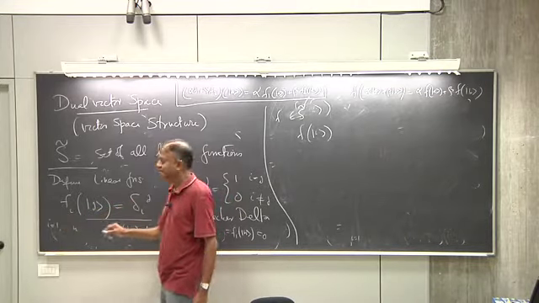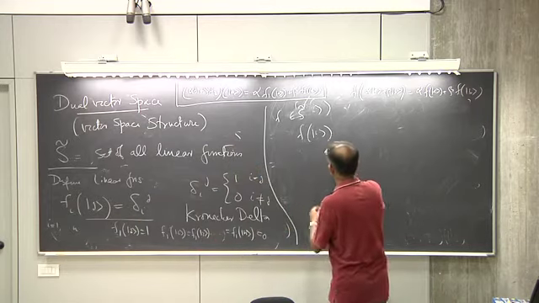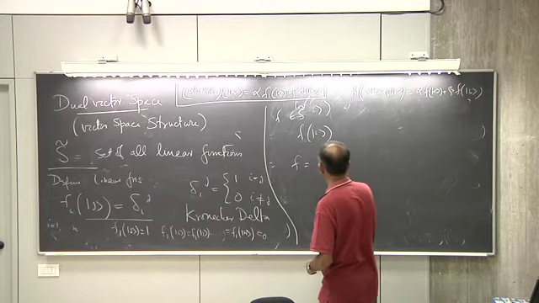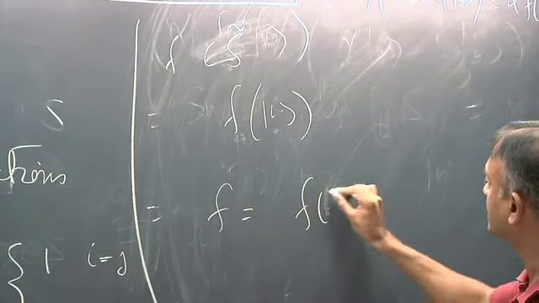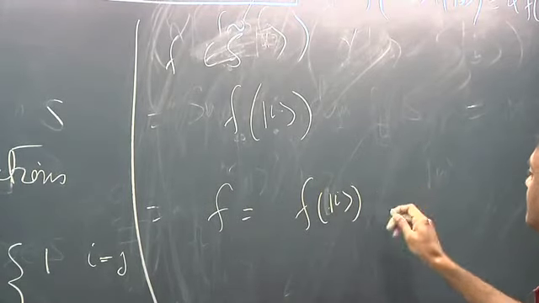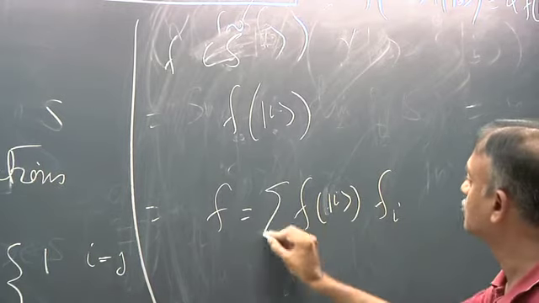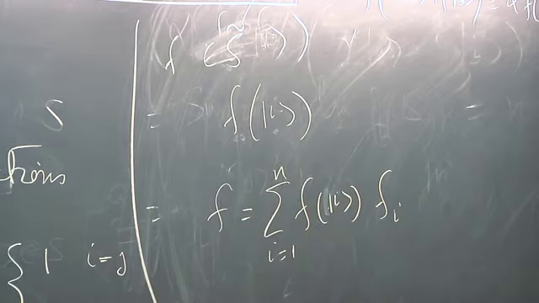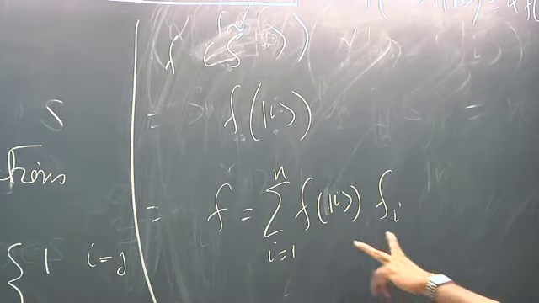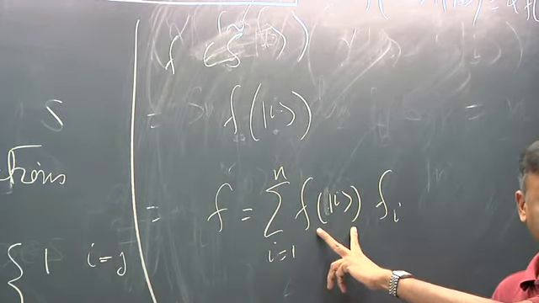So, now I define f is equal to the sum over i of f acting on i times fi. This is some number, a complex number.